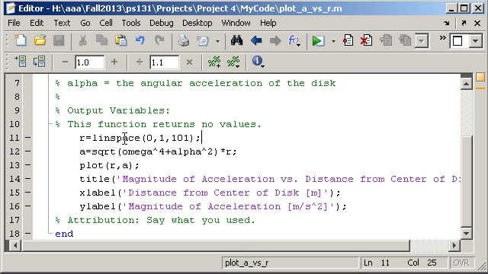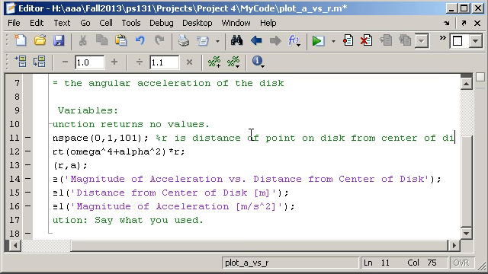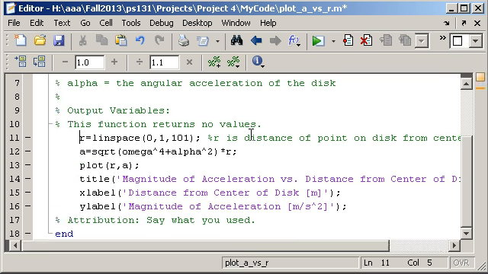Initializing r, the distance out from the center. I'm going to say that. From center of disk. Okay.